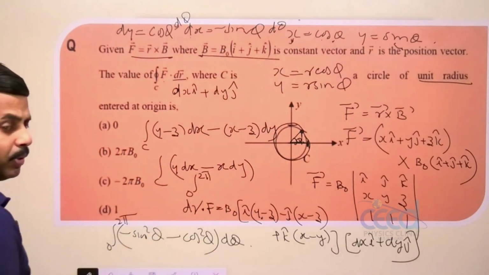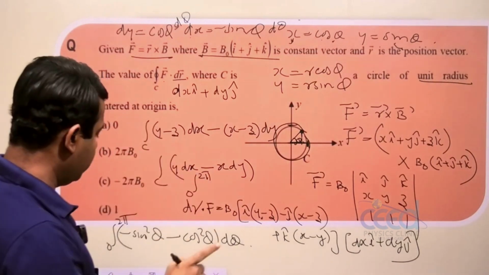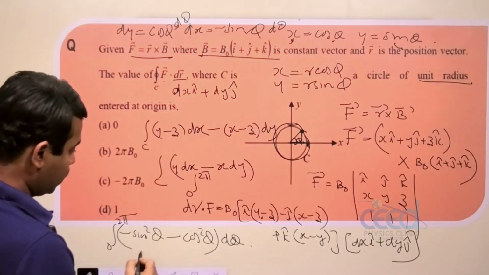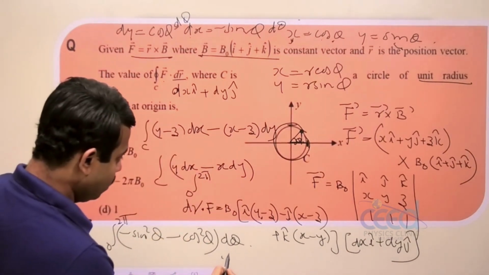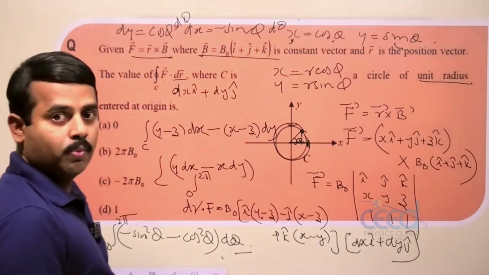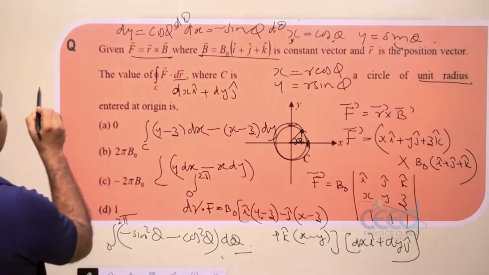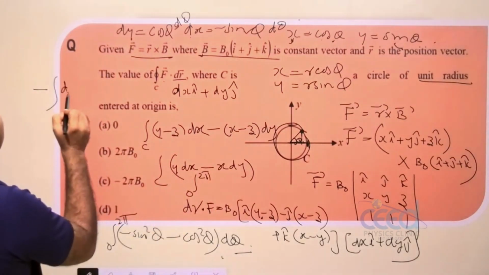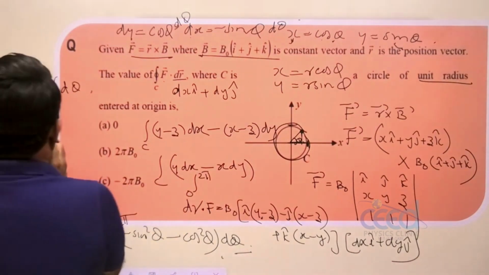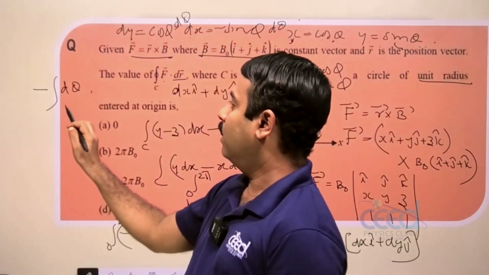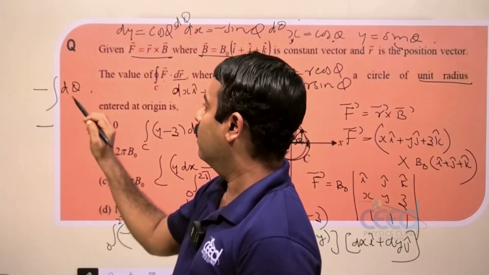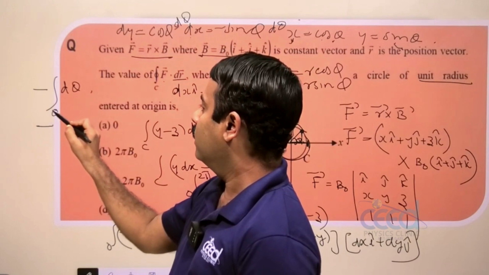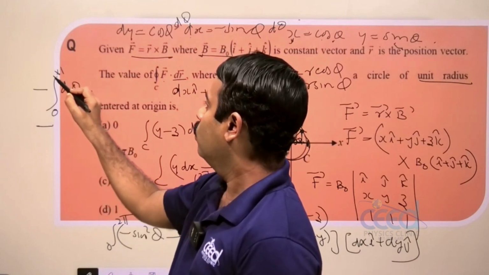Then sin square theta plus cos square theta is 1. Now d theta on integration, so we can take this minus out, right? Now integral d theta gives theta, and the theta limit is 0 to 2 pi.